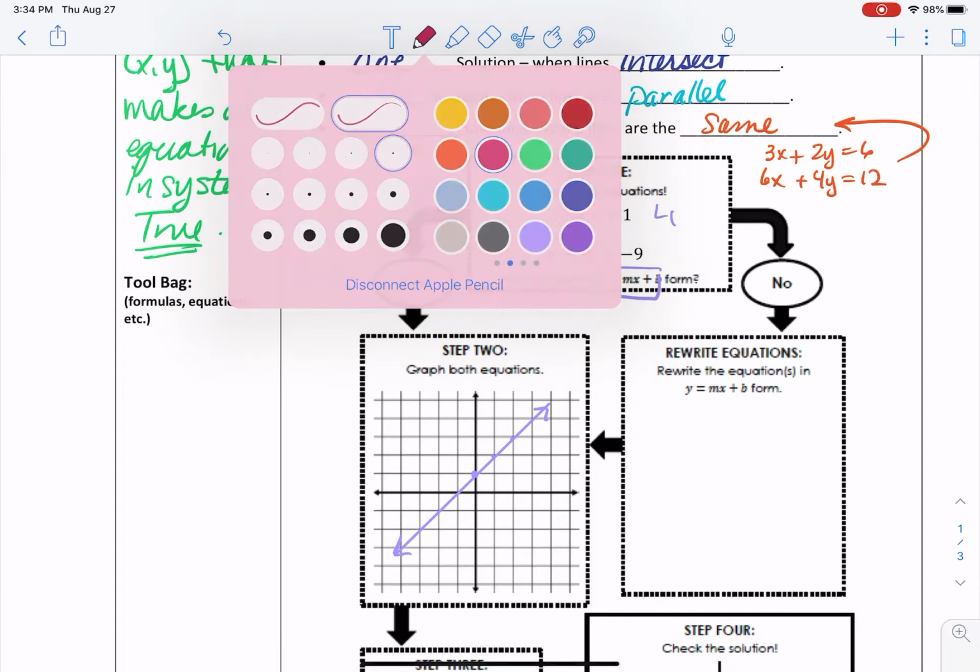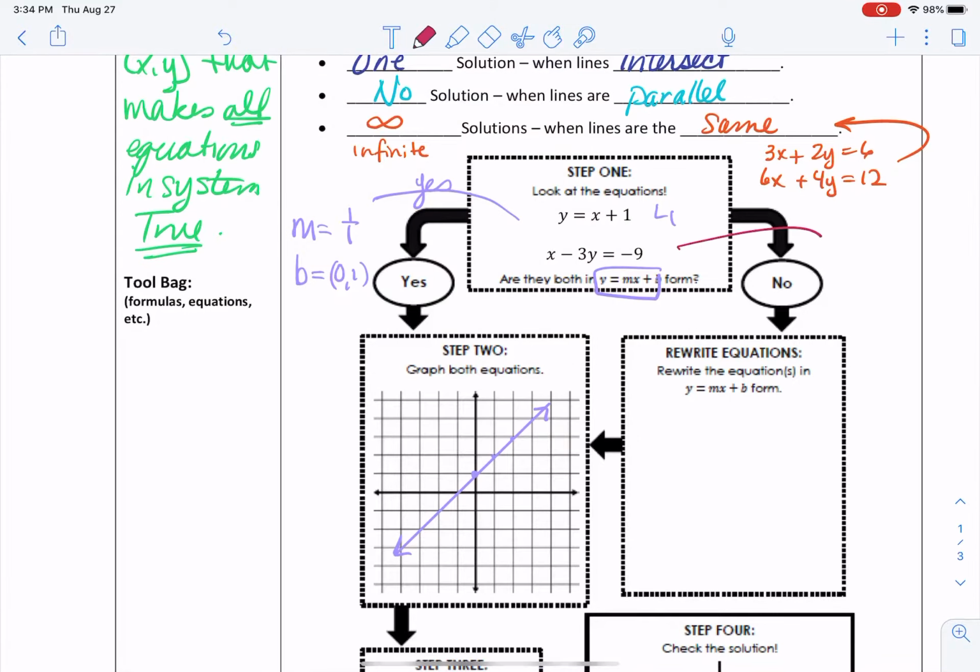So then we look at this equation, and this one's a no. So I need to get it that way. We start with x minus 3y equals negative 9. We subtract x from both sides. Negative 3y equals negative x minus 9.